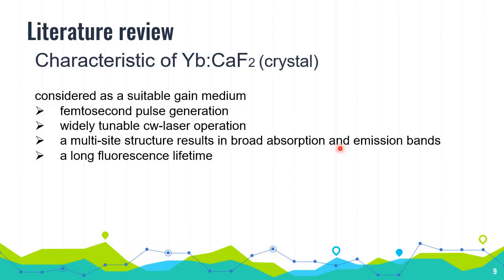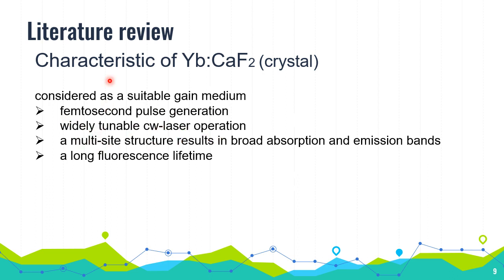And the crystal it used, again, is ytterbium-doped calcium fluoride. This kind of crystal is considered a suitable gain medium for femtosecond pulse generation, and it's a widely tunable CW laser.